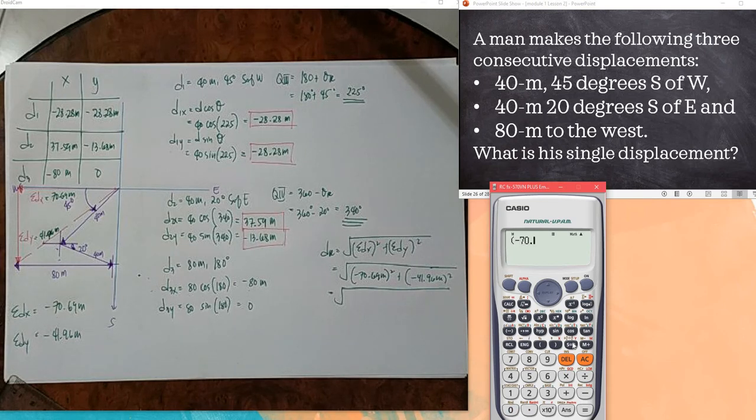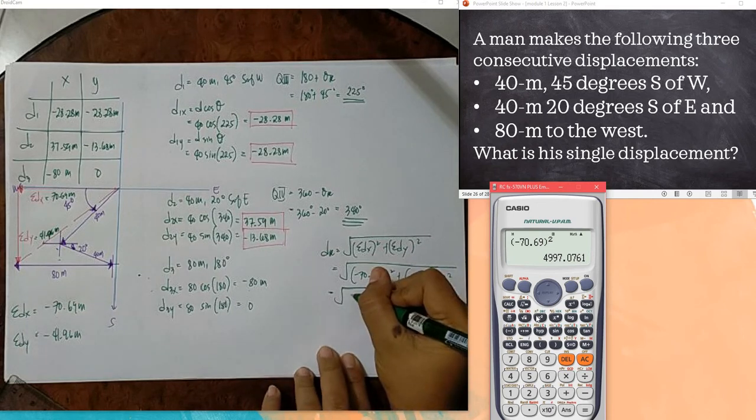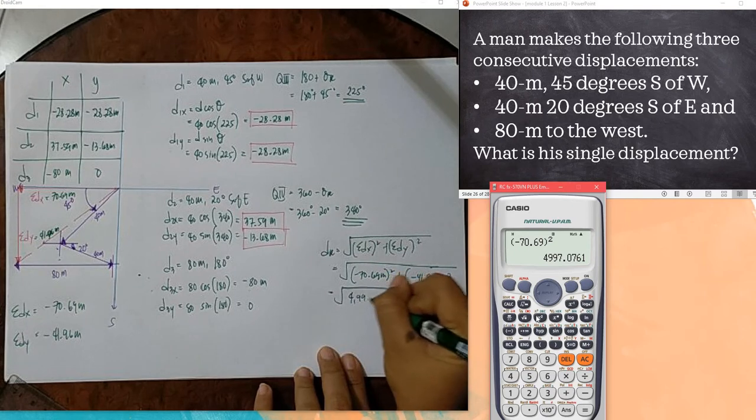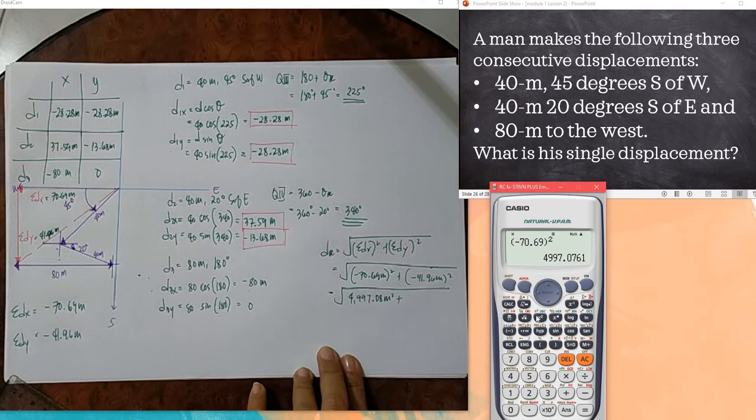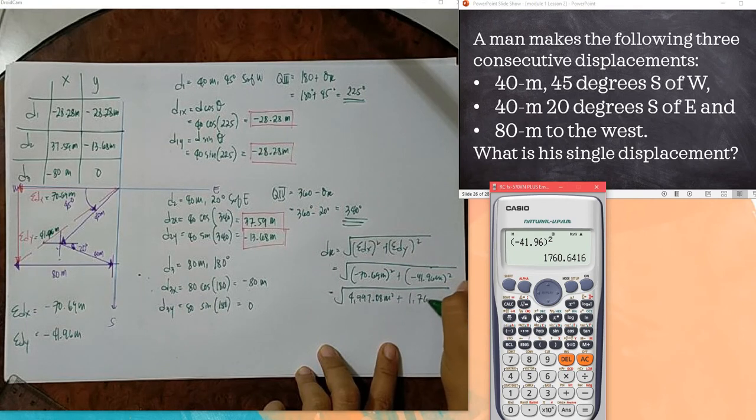Negative 70.69 squared is 4,997.08 meters squared, plus negative 41.96 squared, which is 1,760.64 meters squared.